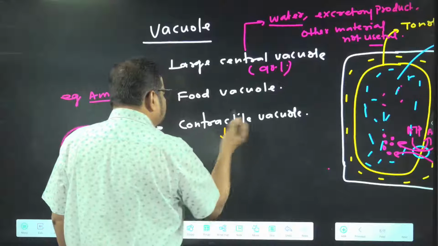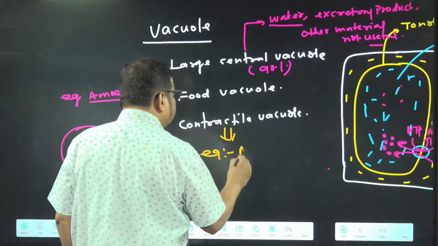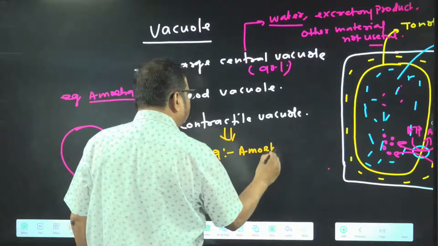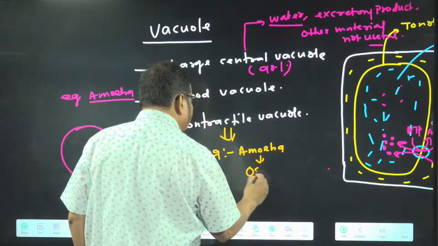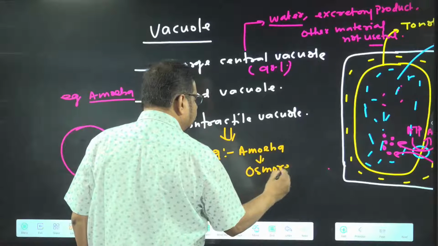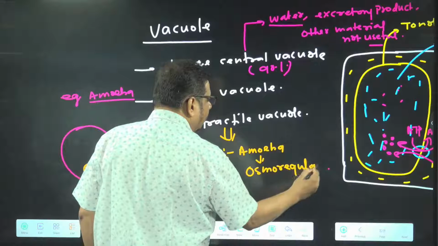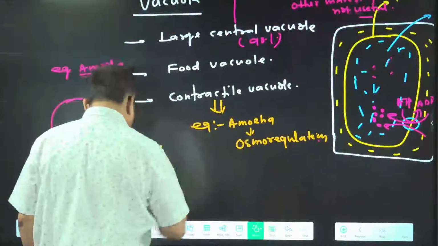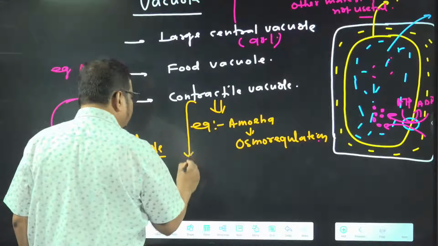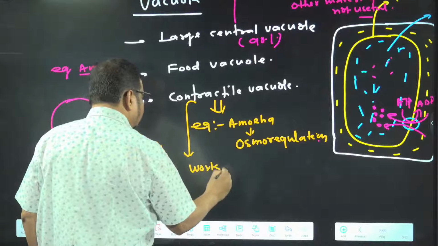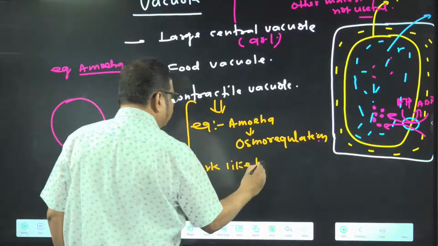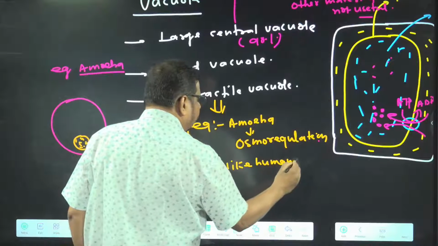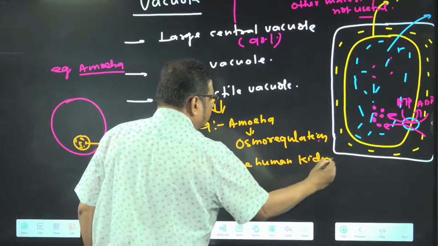Contractile vacuole is also present, for example, in amoeba, and the contractile vacuole is associated with osmoregulation. It works like the human kidney. In our body, the kidney has a role in which one?